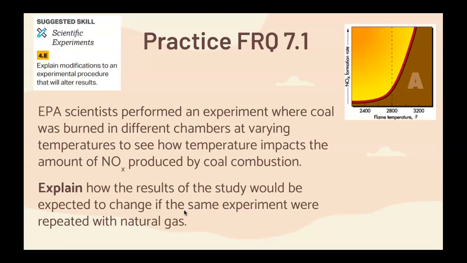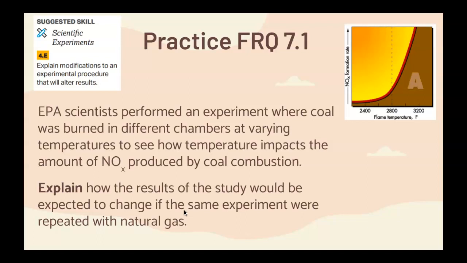So the FRQ that I would like you to practice is this. EPA scientists performed an experiment where coal was burned in different chambers at varying temperatures to see how temperature impacts the amount of nitrogen oxides produced by coal combustion.